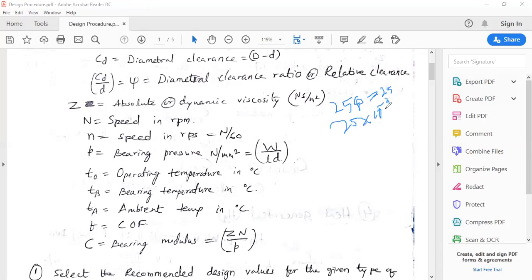Minus 3 is the conversion factor to get the value in Newton second per meter square. So 1 centipoise is 10 raised to minus 3 Newton second per meter square.